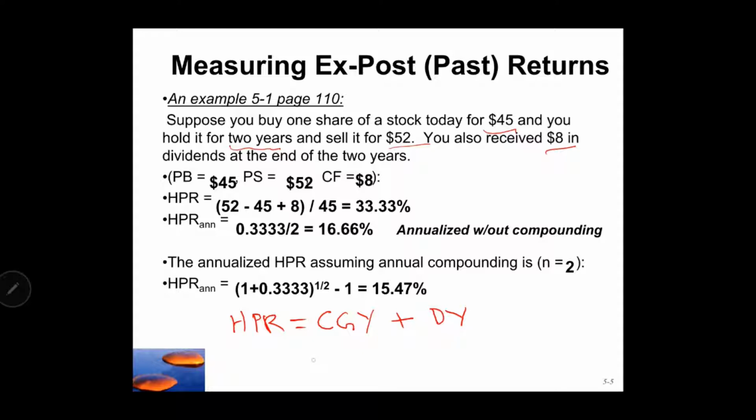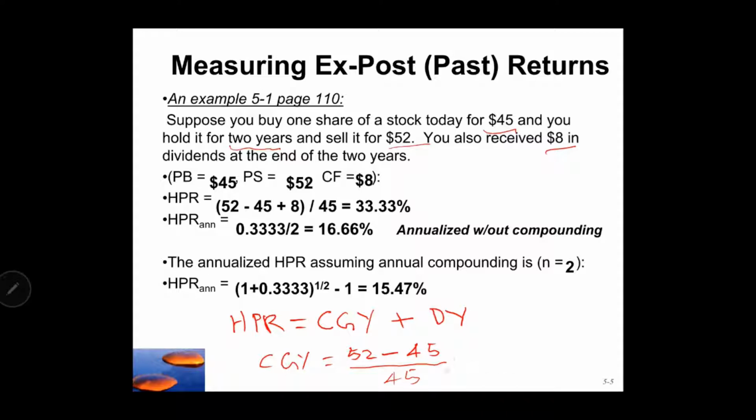The capital gain yield is given by how much gain you got: the price at which you sell the stock, 52, minus the price at which you bought the stock, divided by the stock price which you buy.